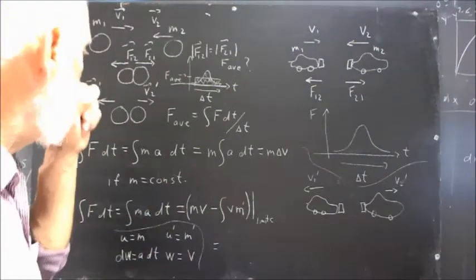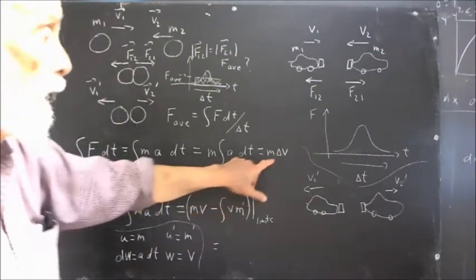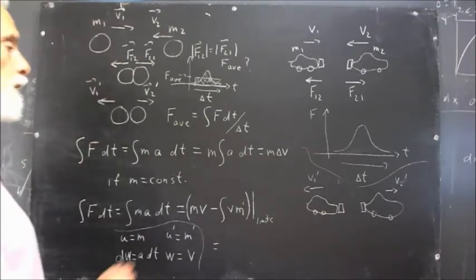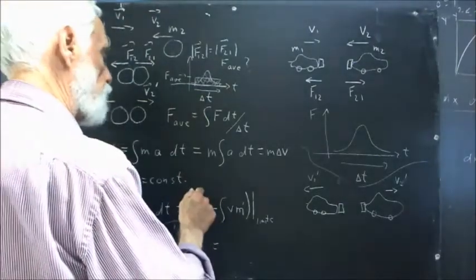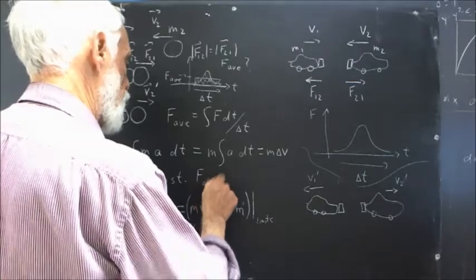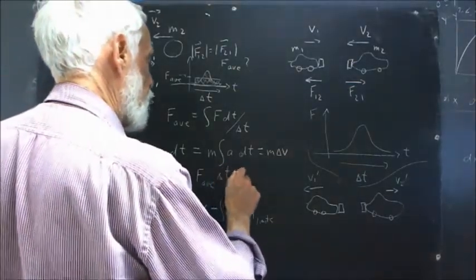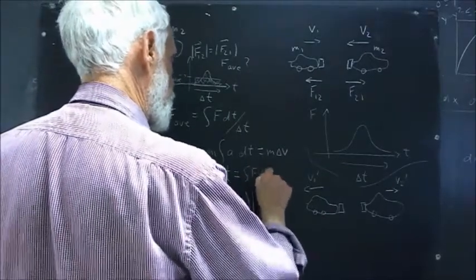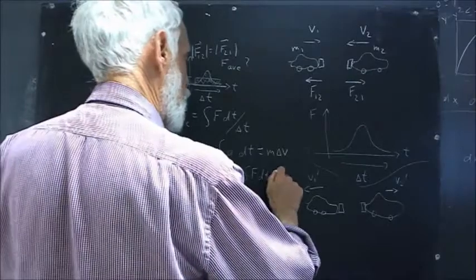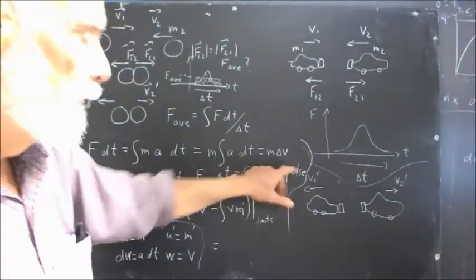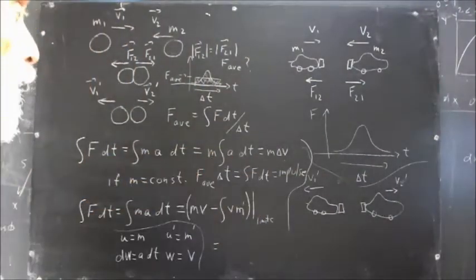So the integral of F dt is equal to the mass times the change in velocity. Okay? So F average delta t is the integral of F dt, and we call that the impulse of the force. M delta v is the change in what we call the momentum.